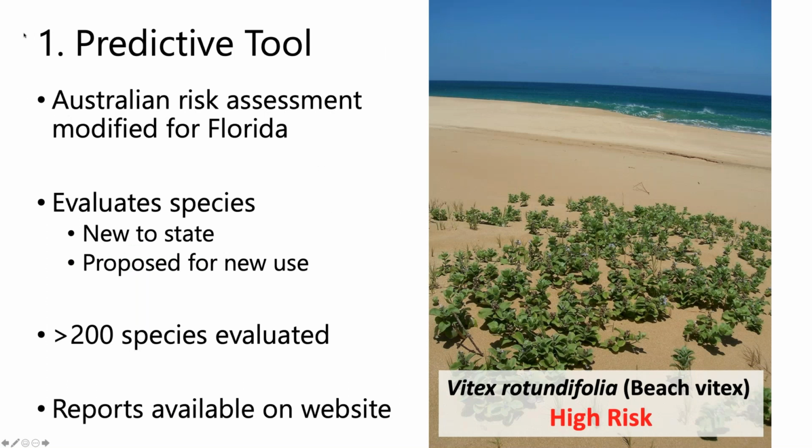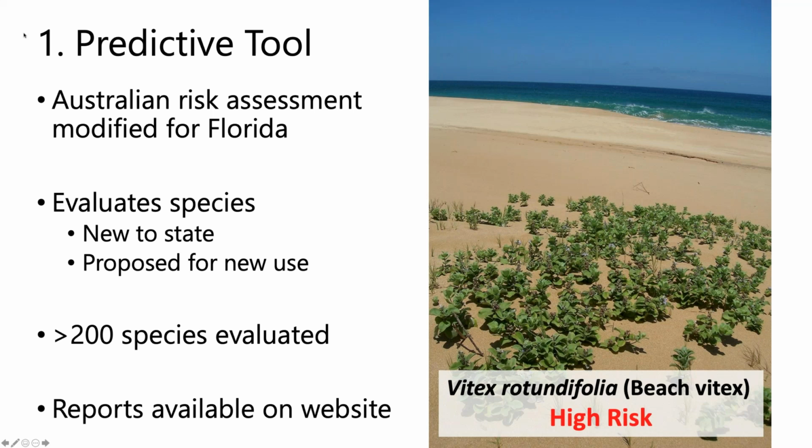And so the predictive tool model that we're using at the moment is based on the Australian weed risk assessment. 49 questions, been modified for Florida, where we've changed questions related to the climate, the precipitation, and the soil type. We evaluate the species, again, that are new to the state. And then we have another category. We use this tool when a species is being proposed for a new use.